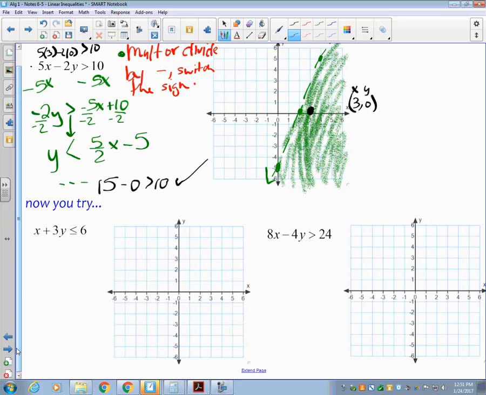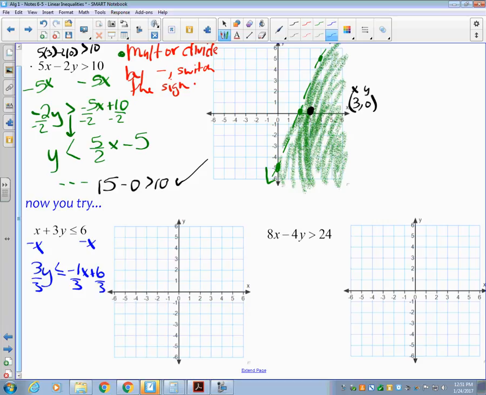All right, let's go ahead and solve these two equations. So we subtract x from both sides and divide by 3.